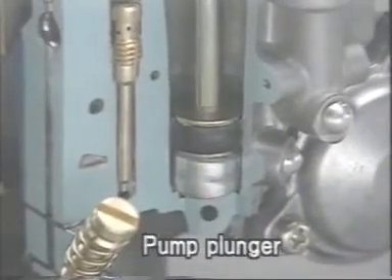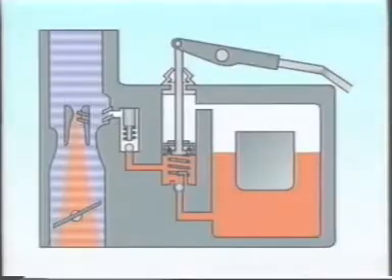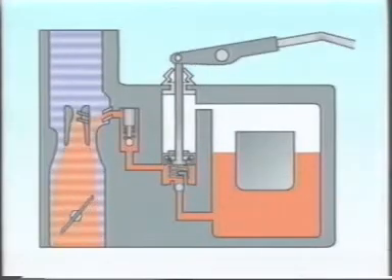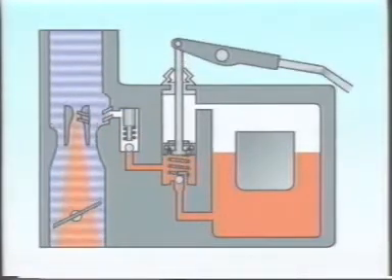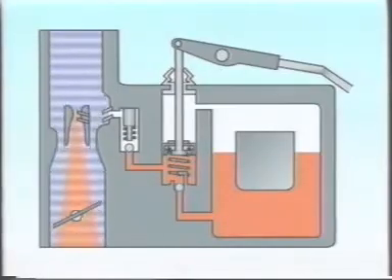This increases the flow of fuel from the acceleration pump jet. Slowly releasing the accelerator pedal allows the pump plunger to rise to the usual position. This causes the fuel to be drawn up into the pump chamber, where it is held in reserve for the next time sudden acceleration is needed.